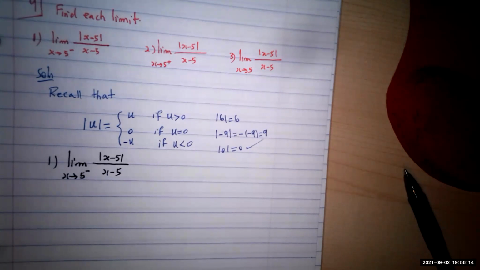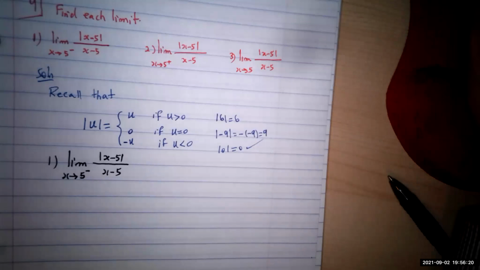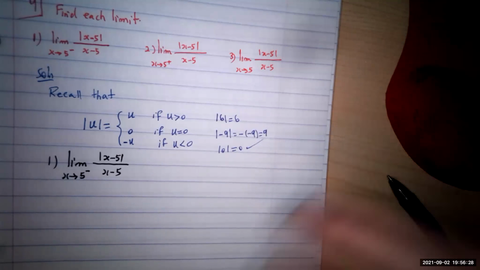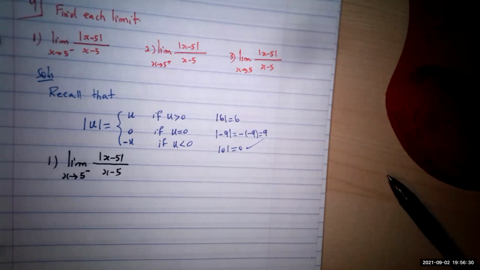What's the meaning of x goes to 5 negative? It's going to the left, which means what is the relationship between x and 5? It's less than 5. That's the meaning of x goes to 5 negative.